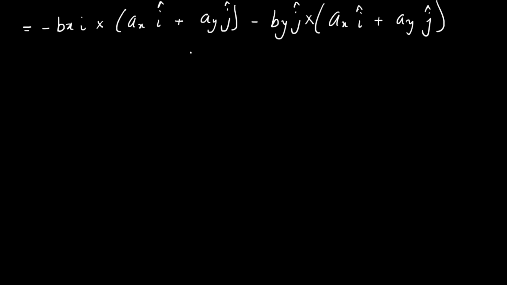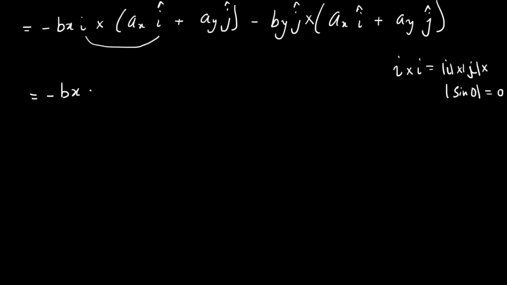Now, quick reminder, I think I missed out on something. i cross i is 0, and why is that? I think that's pretty easy. Mod i into mod i, into sine of 0, and that is 0. So all we need to worry about is i cross j, and i cross j is k, so it is minus BX AY k, because i cross j is k.